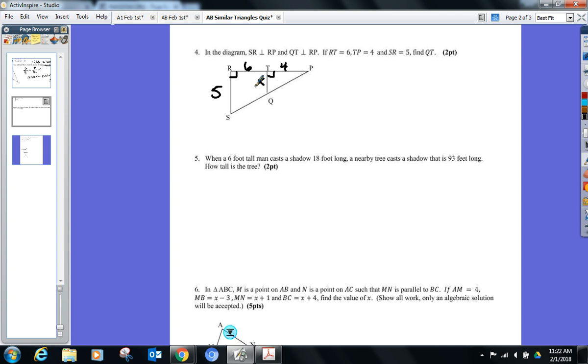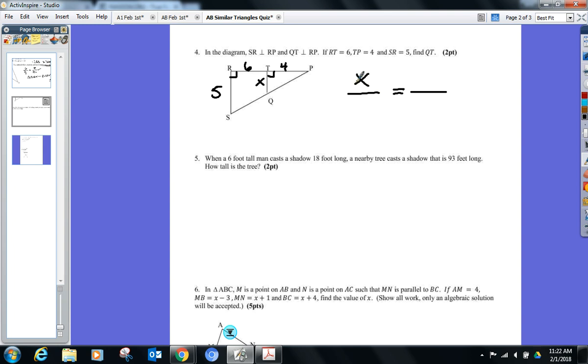Everybody, you cannot use 6 in your proportion. 6 is not a full side. When you set up your proportion of corresponding sides, they need to be full sides, not partial sides. So you cannot put 6 anywhere in your ratio. All right?